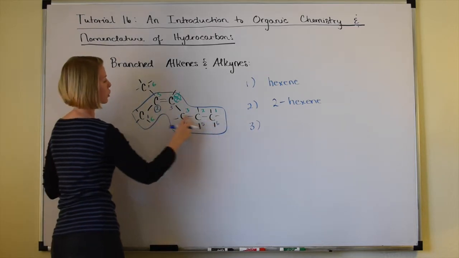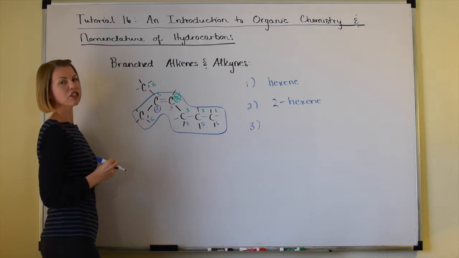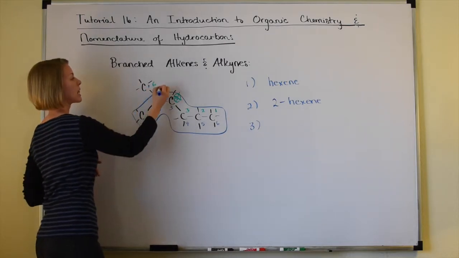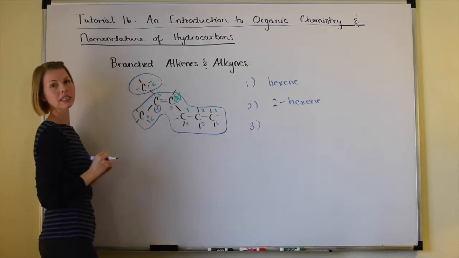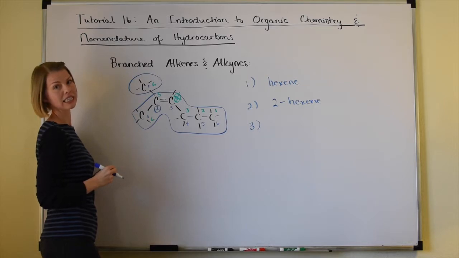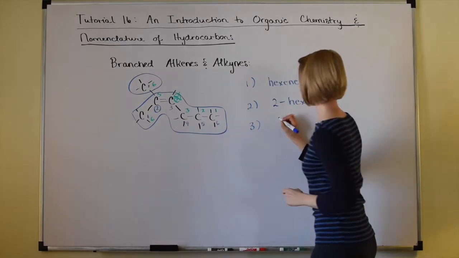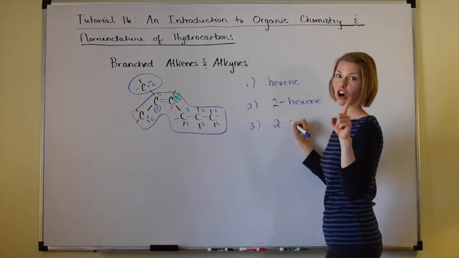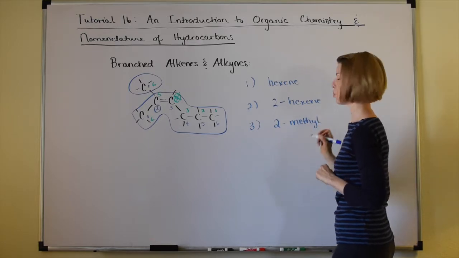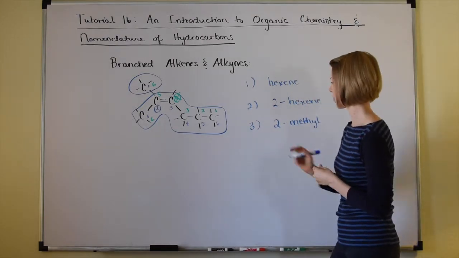But I like to go ahead and circle the 6 carbons that I've already named as 2-hexene so that I can see that I'm only naming this one little CH3 as a branch group off of that 2-hexene. All right, so what number is it? It occurs at the 2 position and it's 1 carbon, so it's a 2-methyl. Remember, meth means 1 carbon, the yl ending because it is a branched group only.